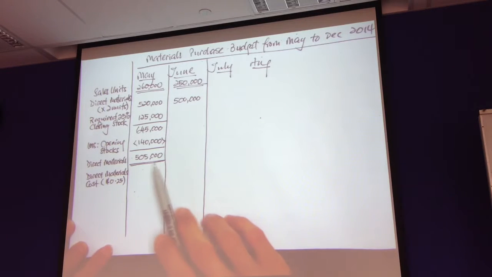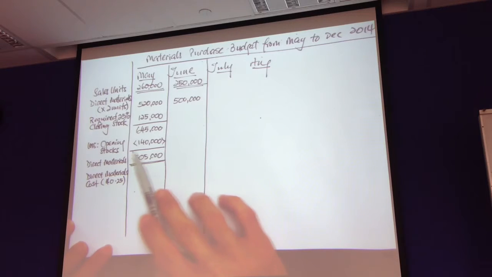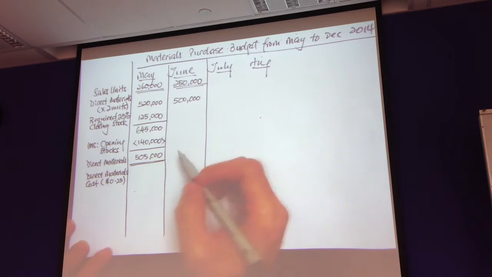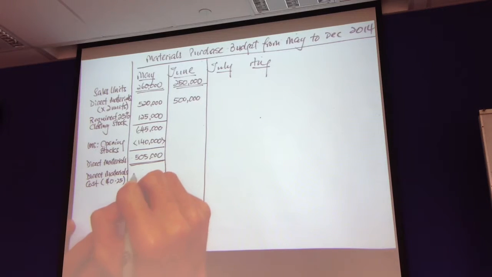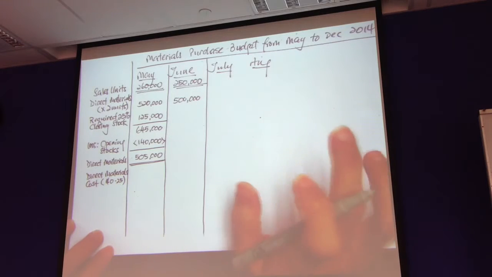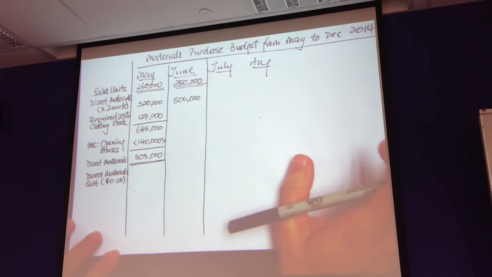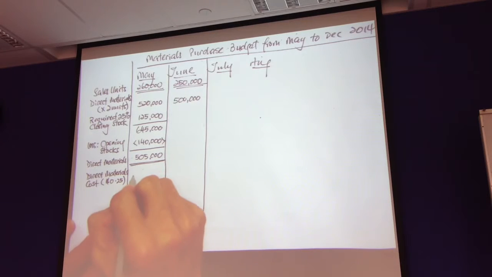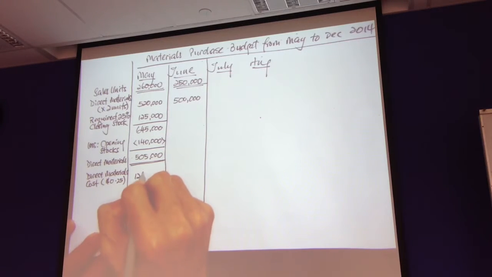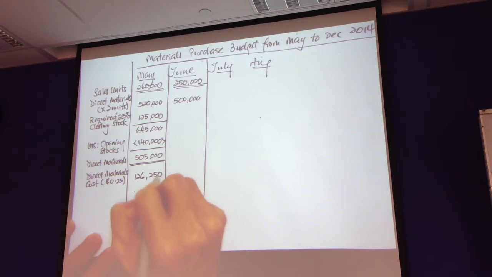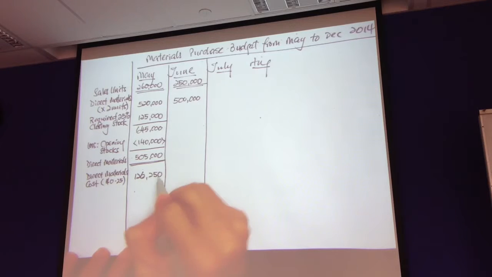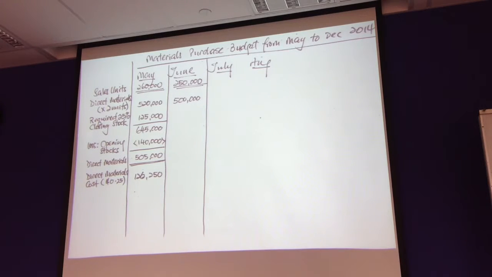So you need to buy 505,000 direct materials. How much does it cost you? Times 25 cents. 126,250. That's what you need. Can you understand it?